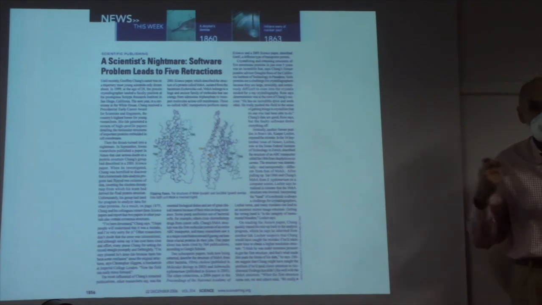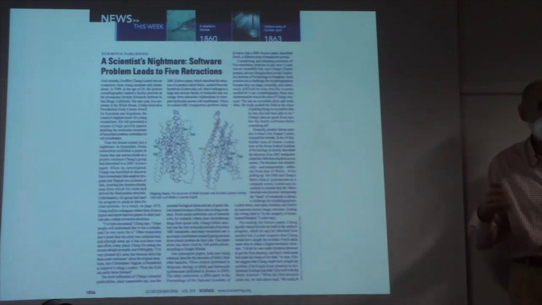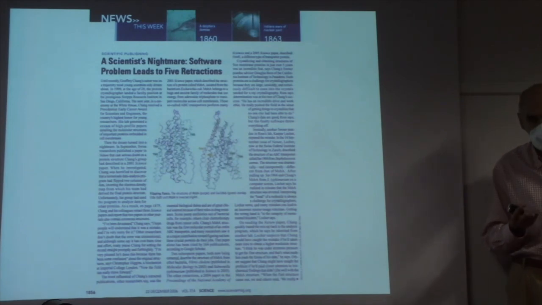He alerted Chang, and Chang went back to his calculations and found that a piece of software created in the laboratory, not bought, not available to anybody else, exchanged one column with another. That created mirror results that eventually produced mirror images of the structure.